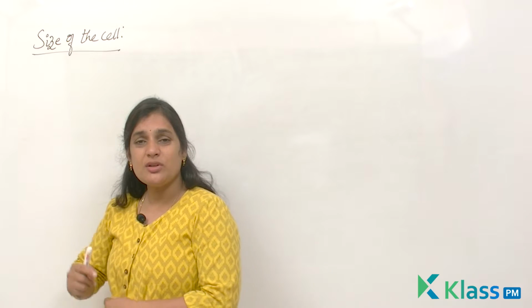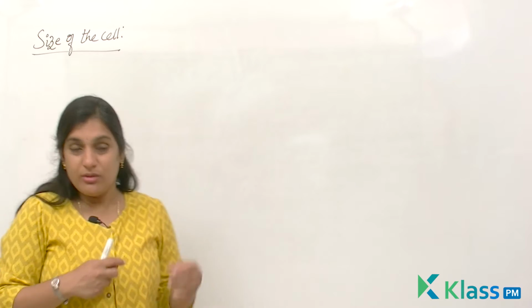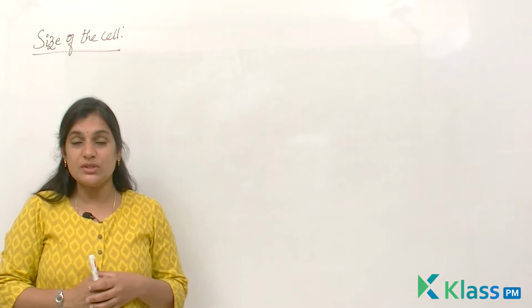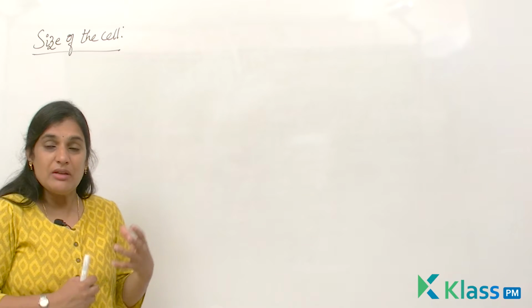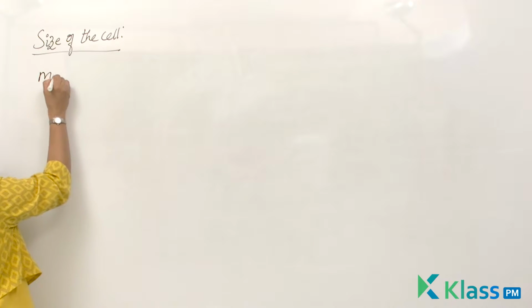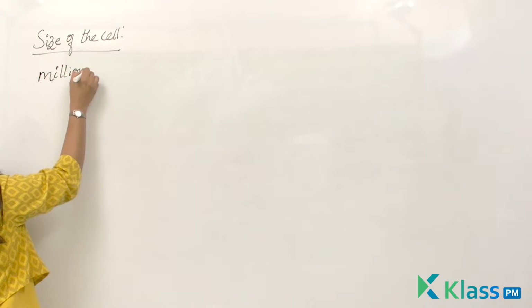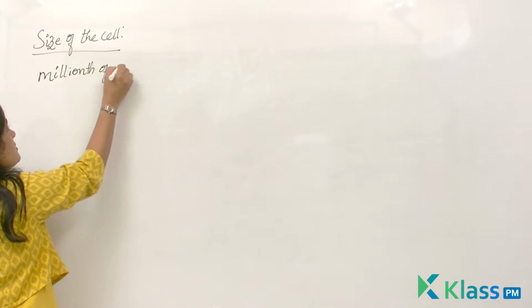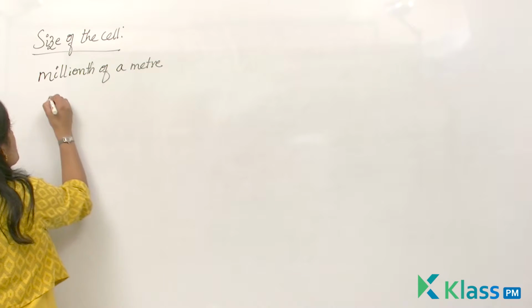Right? When you talk about this, definitely there comes a question that we need to discuss the size of cells in every living organism. The cells may be as small as a millionth of a meter, and sometimes a few centimeters.